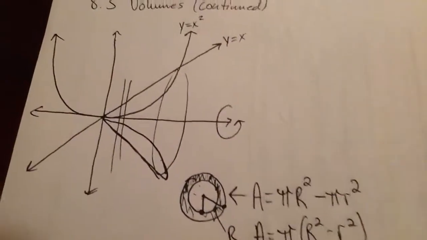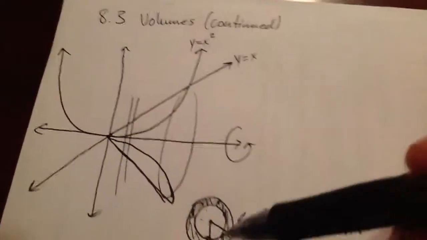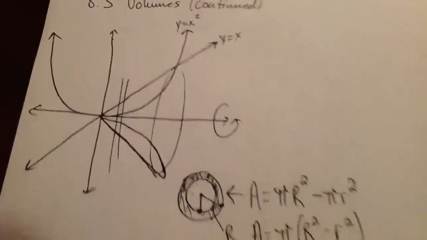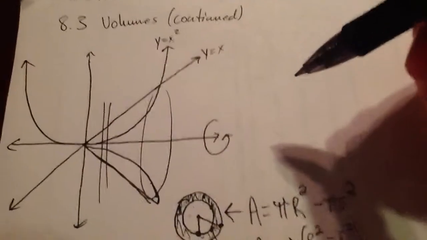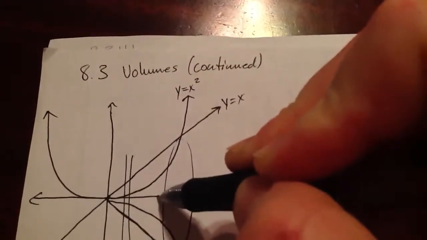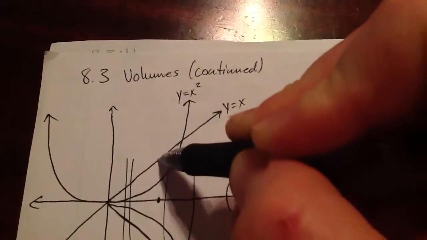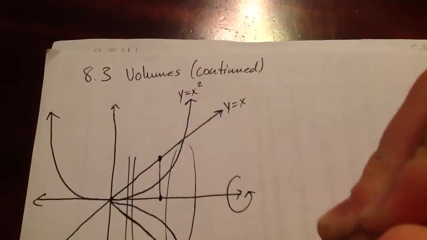So now we need to figure out our radii. So the big radius and the small radius, we need to figure out what they're going to be. So we come up to the picture here. And if I'm looking at my picture, my big radius is obviously from here to the outside, right? That's from the center to the outside.